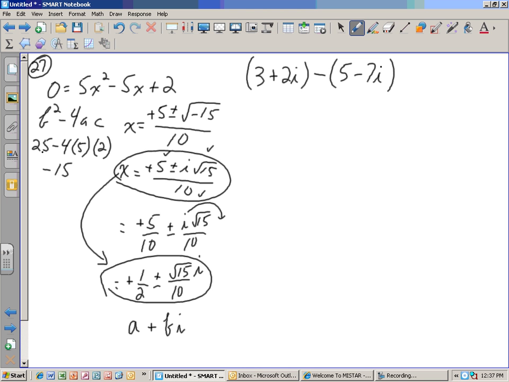We have 3 minus 5 will give us a negative 2. And 2i minus a negative 7i. Don't forget to distribute that negative here and here. So 2i minus a negative 7i gives us a positive 9i. I don't think we'd have too much trouble doing that, would we? All right. So let's do some multiplication.